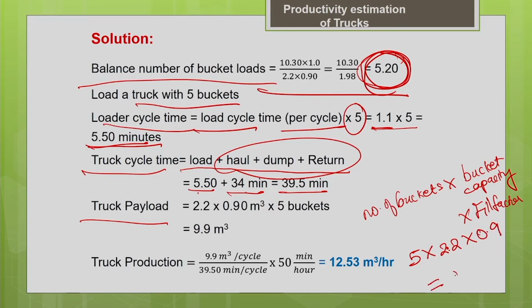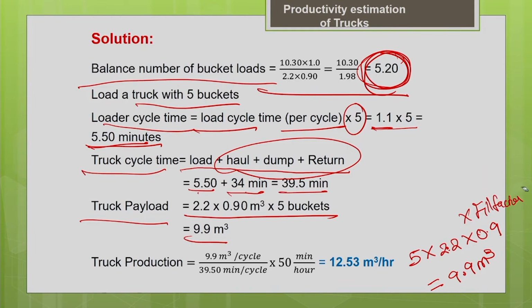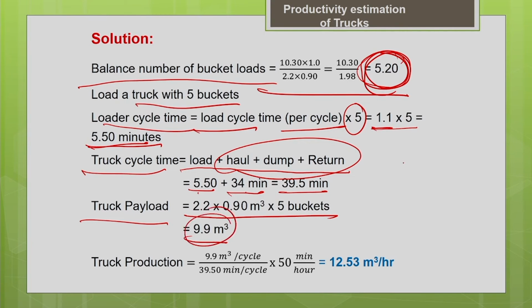If you multiply, you will get the answer as 9.9 meter cube. Okay, that is what is given here, 9.9 meter cube. Now you find the truck production. Okay, you can easily find the truck production. So what is the volume of truck you are going to load in this case? 9.9 meter cube.